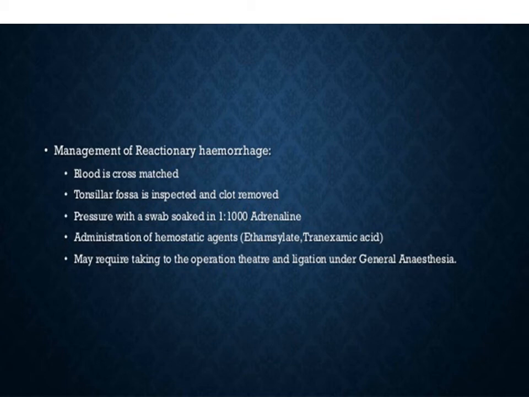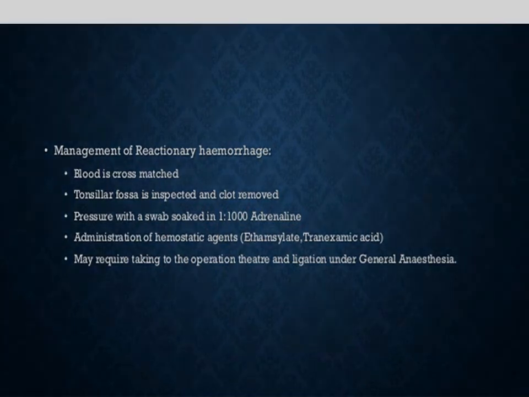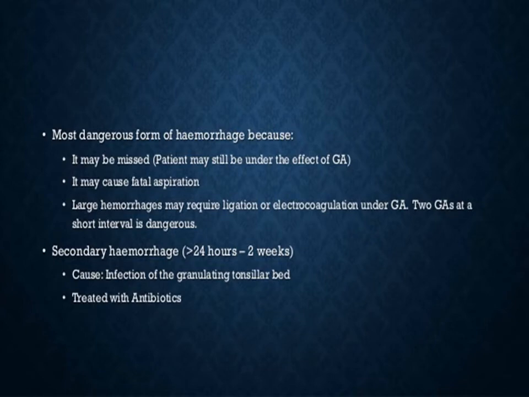Pressure with a swab soaked with adrenaline. Administration of a hemostatic agent, for example tranexamic acid. The patient may require being taken to the operation theater for ligation under general anesthesia, either ligation or cutting off the bleeding vessel.